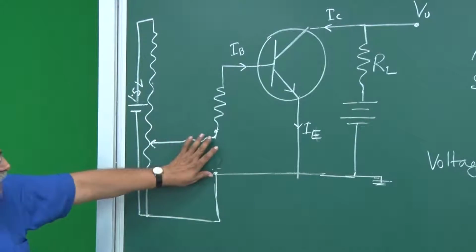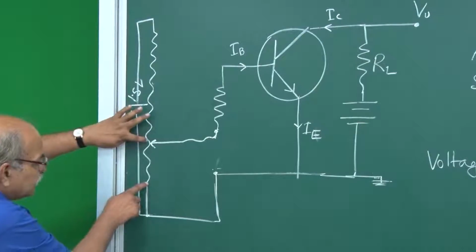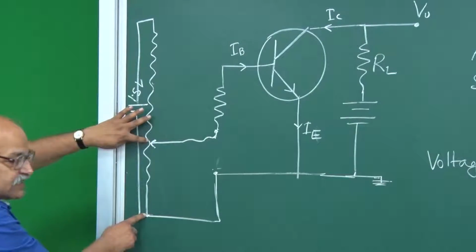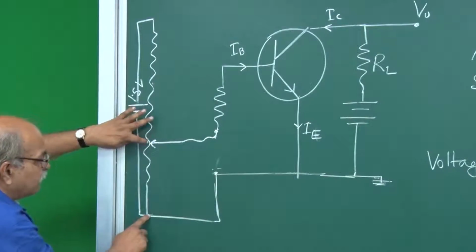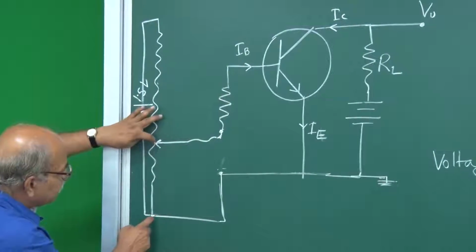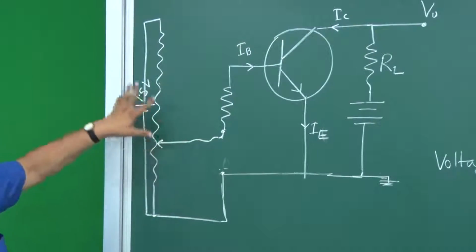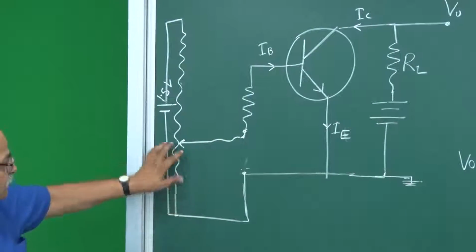So what voltage am I applying here? I am applying the voltage which appears on this part of the resistance. This is 0, and then this is at some VI, and that same VI is here. So this will be our VI. This is how we will be making a variable biasing voltage.